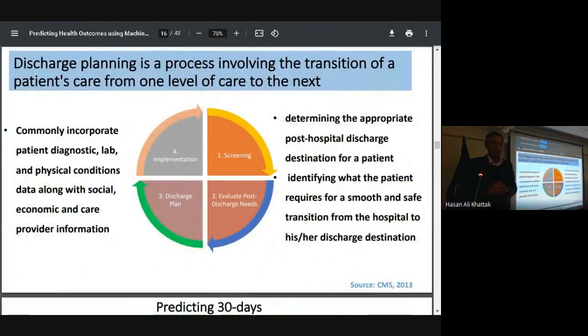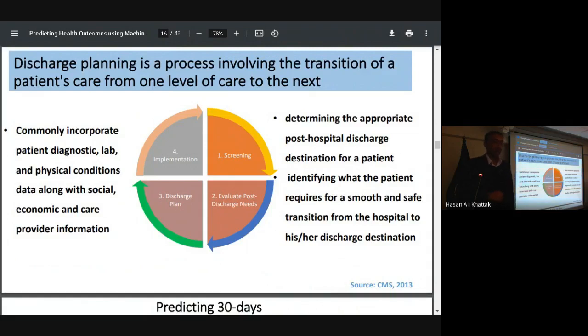The second point is to evaluate the post-discharge need. We identify what the patient requires for a smooth and safe transition from the hospital to his or her discharge destination, such as skilled care facilities.